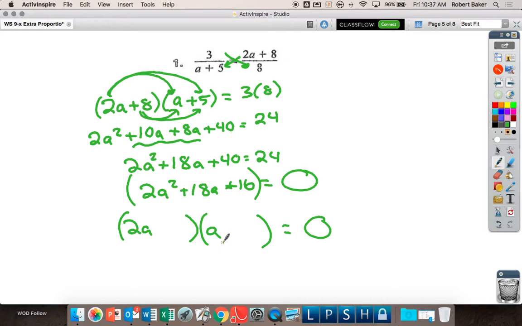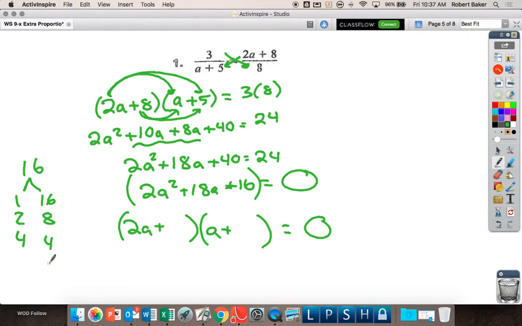Now 2a times a takes care of the 2a squared. Check. Now what do these two numbers have to multiply to equal? They have to multiply to equal positive 16. So I need two numbers that could make 16. It'd be 4 and 4, or 16 and 1.